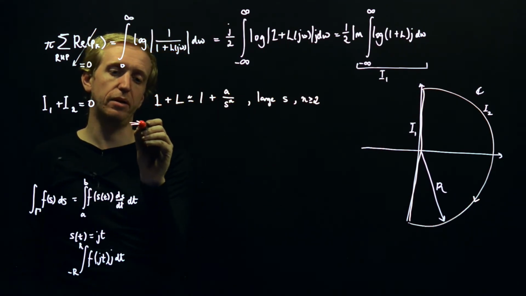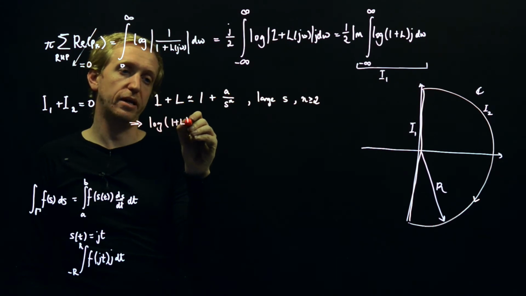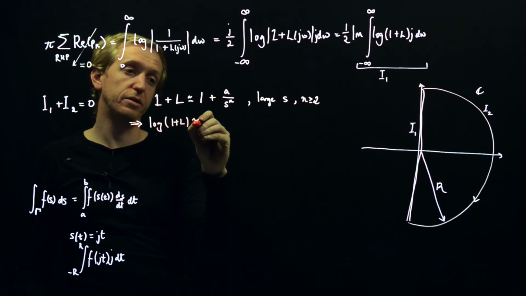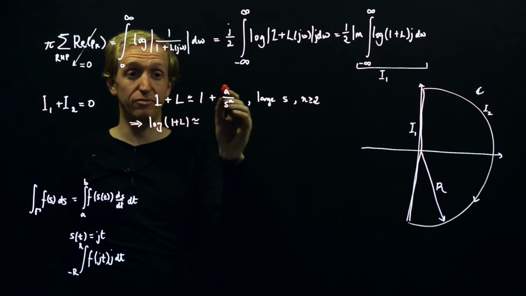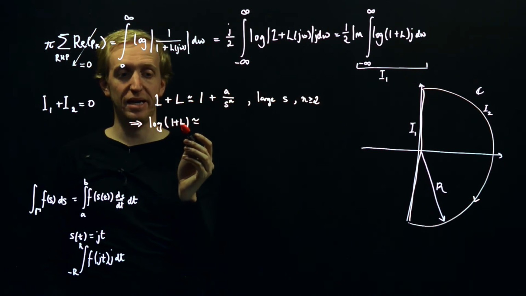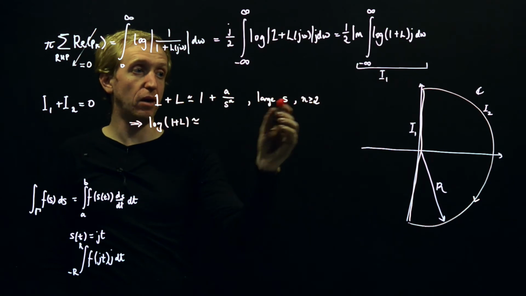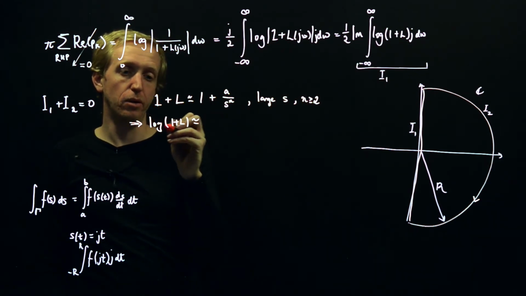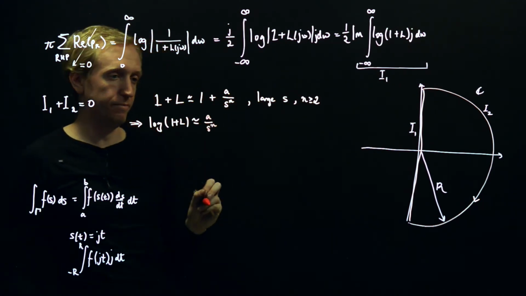So this then implies that log of 1 plus L is approximately equal to... So as S gets large, this quantity here gets very, very small. And I don't know if you remember, but log 1 plus x for small x is approximately x. So for large values of S, log of 1 plus L is approximately A over S to the n.